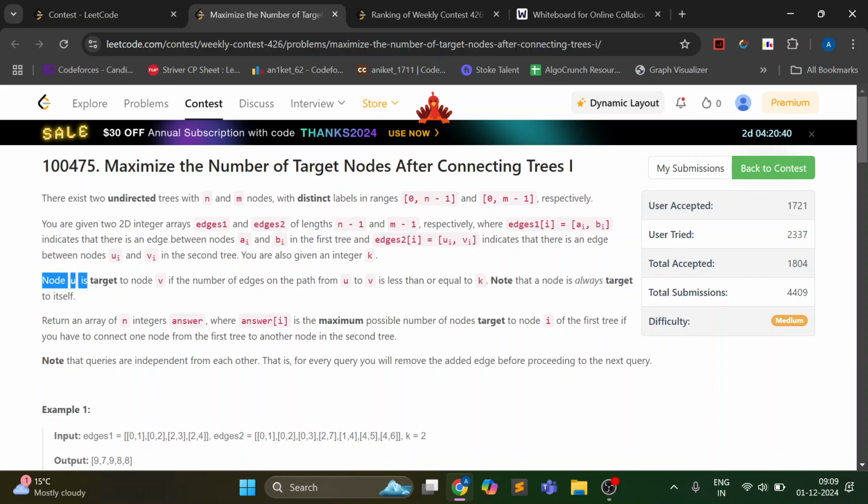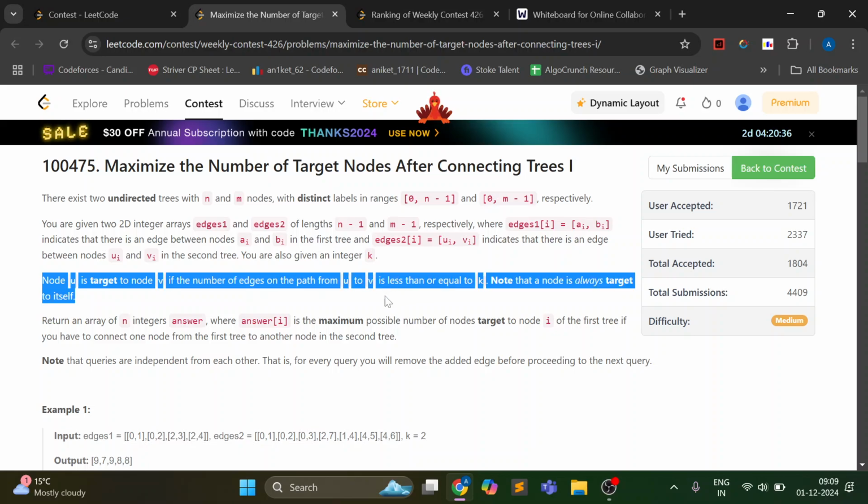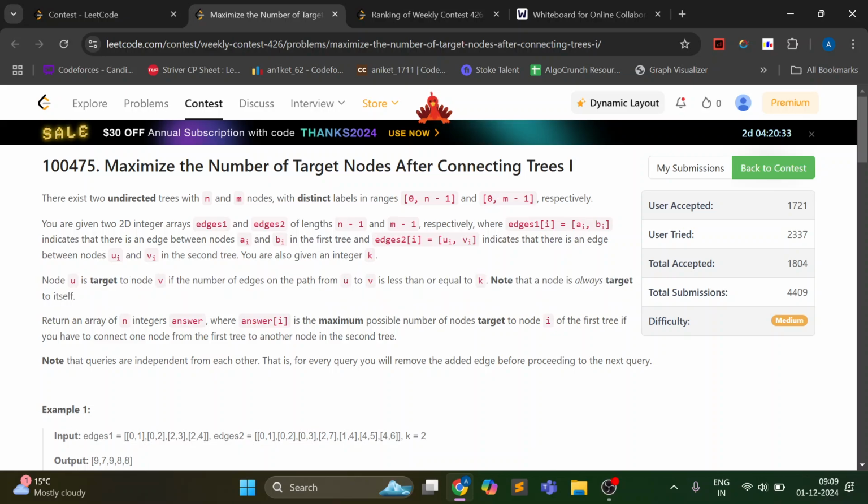Node u is a target to node v if the total number of edges on the path from u to v is less than or equal to k. And a node is always a target to itself because the number of edges between the two nodes would be 0 itself, and it is less than or equal to k. So that is an additional, I wouldn't say additional condition, but just to be sure.